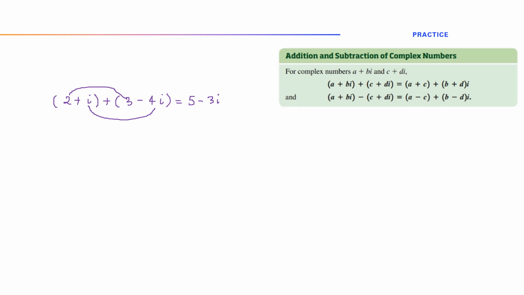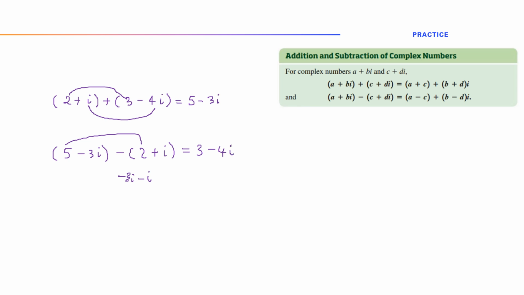Alright, for subtraction, let's do 5 minus 3i, subtract 2 plus i. I should do the opposite to see how it works. So we have 5 minus 2, which is 3, and negative 3i minus i, so that's negative 4i.